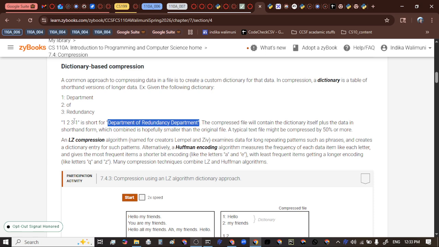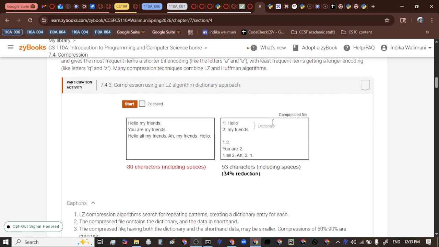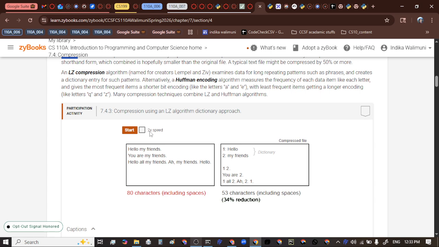So instead of having the entire phrase, you can have this and this together. Let's take a look over here. This is the original text that I want to compress, and I create this dictionary.